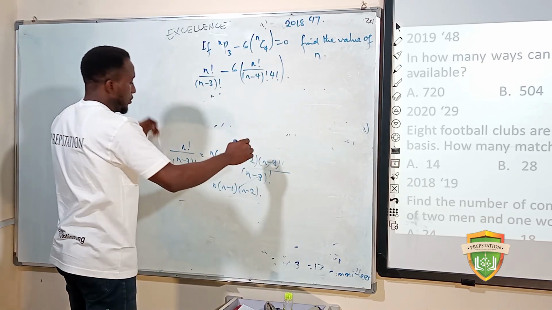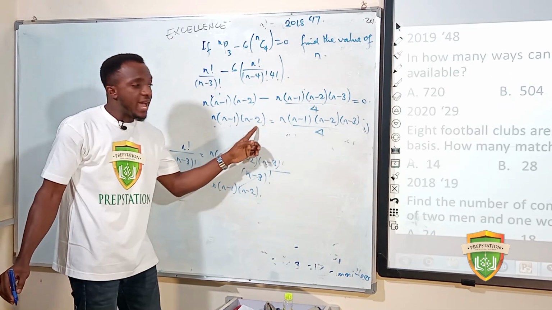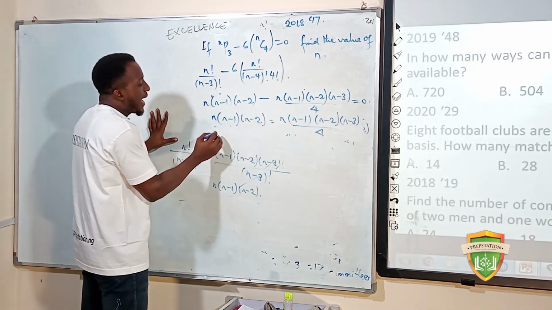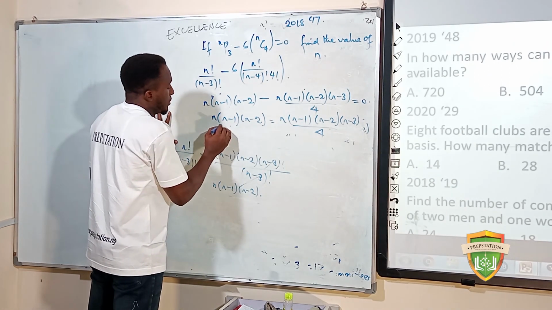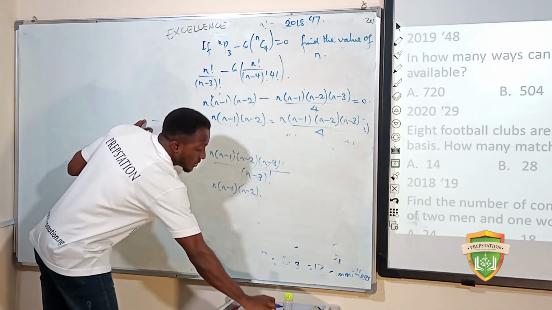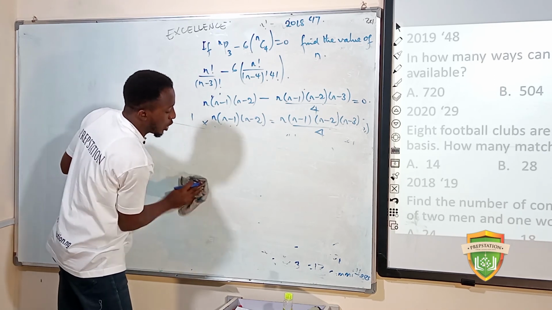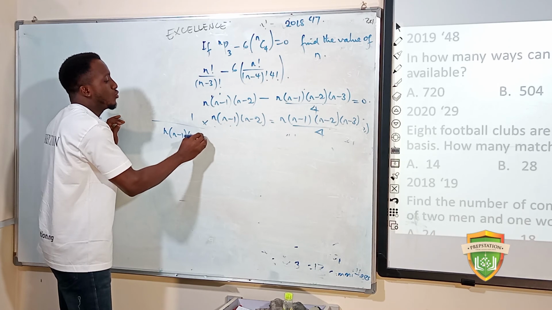So, it will give us, divide both sides. Can you see? We have this here and we have this here. If I divide both sides by all of this, I'm going to have this times 1 over, that's what it means to divide. We have this, we're almost done, n minus 1, n minus 2.